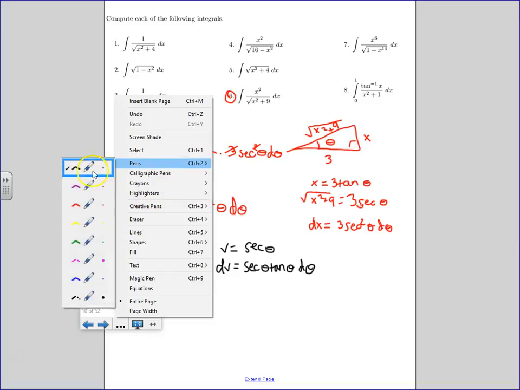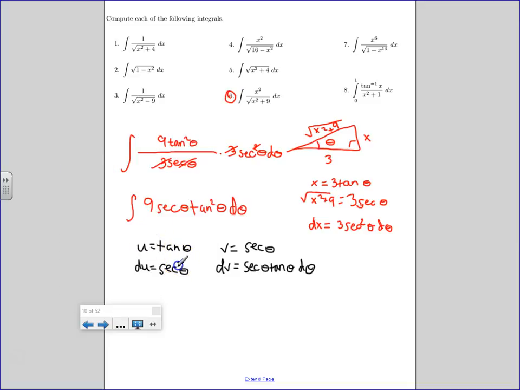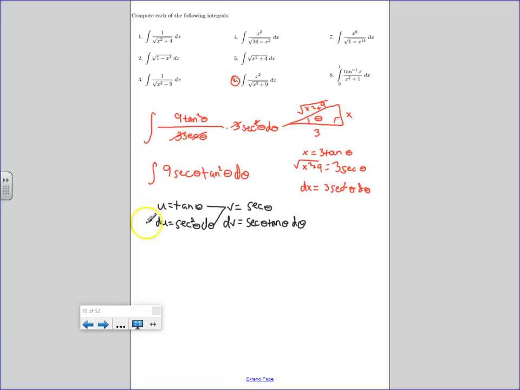Make it a squared. We have our d theta. Then we can do our lucky number 7 with uv minus integral of v du. So we have our secant tangent minus the integral of secant cubed.